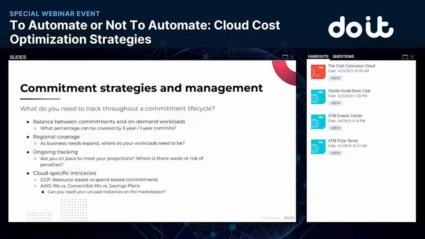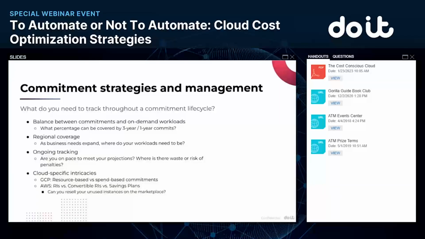We used to say that a rule of thumb is that you do about 60% of your commitments for 3 years to capture the big savings, 20% more for 1 year, and then 20% more as just on demand to get some buffer so you don't overcommit. Of course, it depends. If you're a very fast-growing startup, you might be just doing 3-year commits over and over again because you're growing all the time. So this is your buffer.